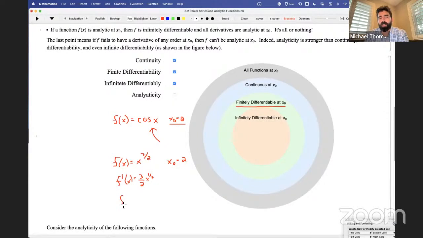However, look what happens if you take the second derivative. Bring the 1 half down, so you'll have 3/4 x to the negative 1 half.